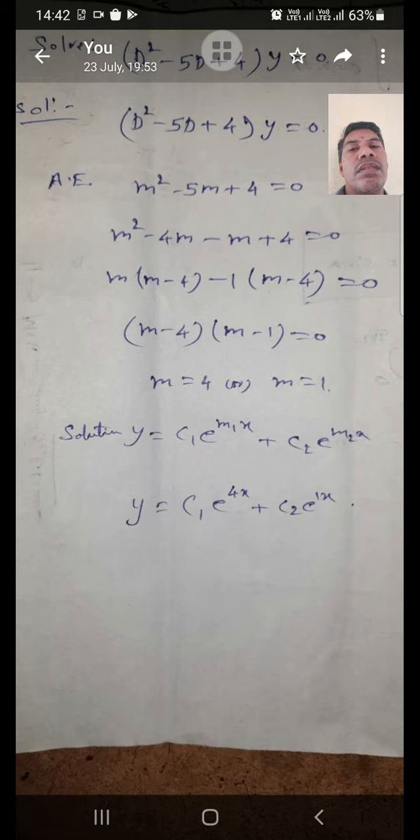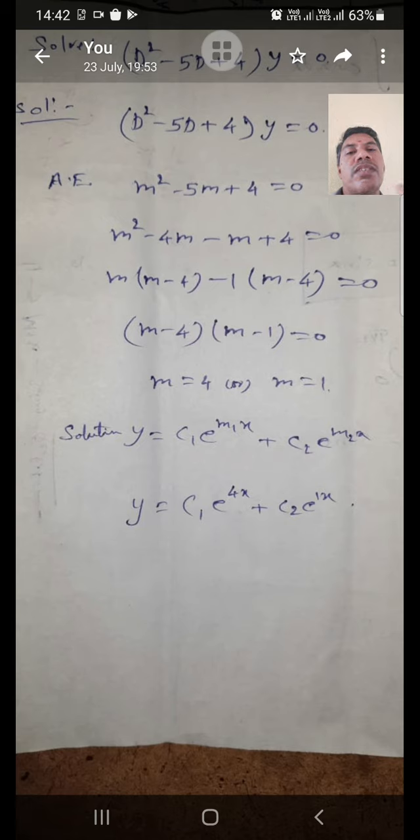So minus 4 and minus 1, if we multiply we get plus 4, and minus 4m minus m, if we add we get minus 5m, that is the middle term. So we can write it as m square minus 4m minus m plus 4 equals 0, to bring the factors or roots.